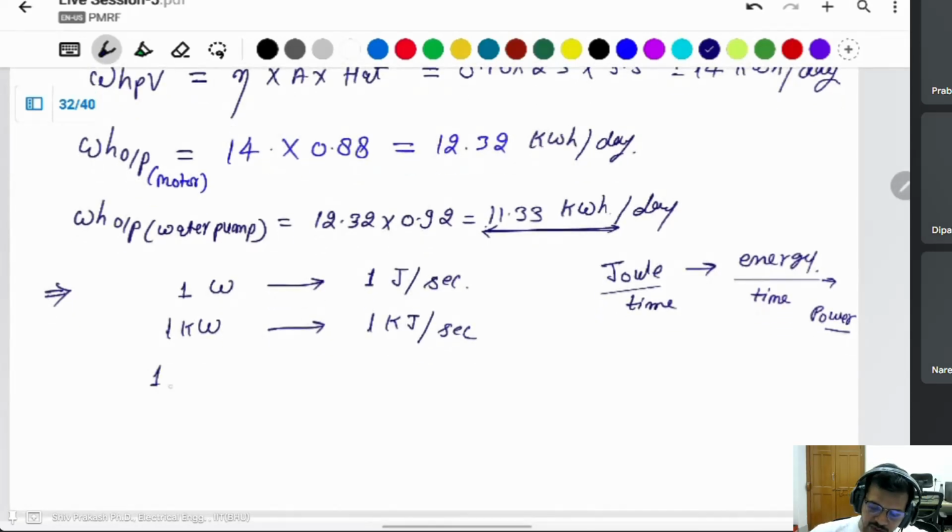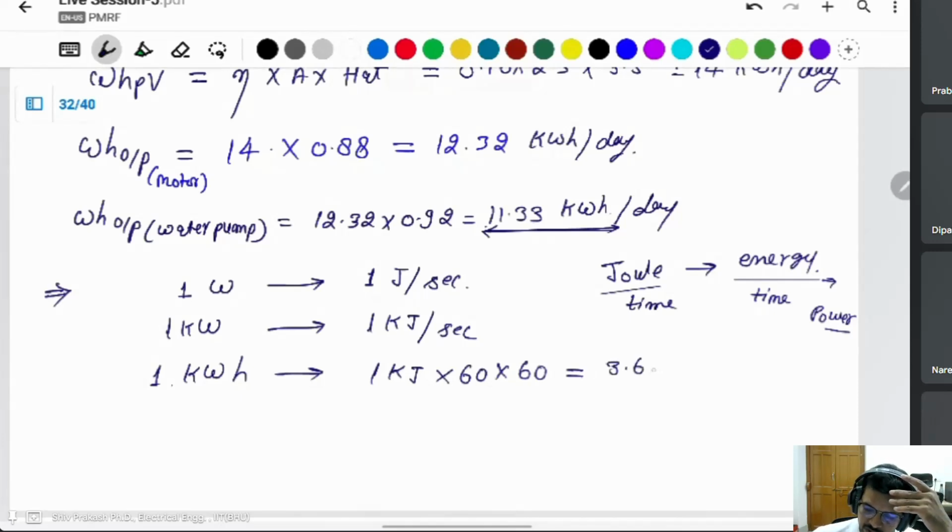If you multiply 1 kilowatt hour, then this is the energy: 1 kilojoule into 60 for the seconds to minutes, into 60 for minutes to hour.